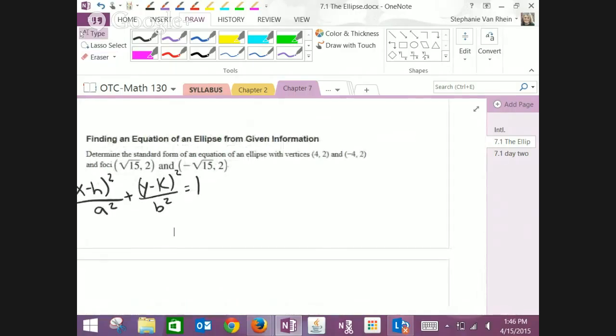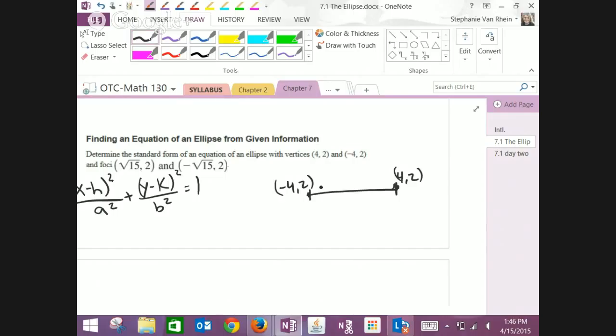Here, it doesn't give me the center, but it tells me this point is 4, 2, and this point is minus 4, 2. Sorry, I switched them. Minus 4, 2, and 4, 2. So I know halfway between these points is the center. Halfway between the vertices is the center.